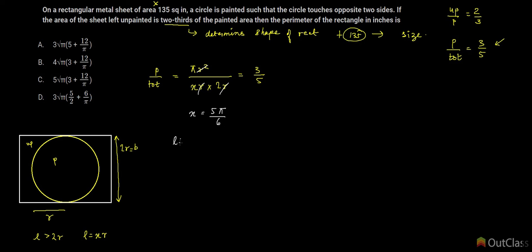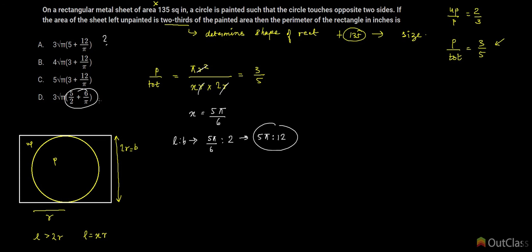Now x is 5 pi by 6. So my length to breadth ratio is 5 pi by 6 is to 2, which can be rewritten as, multiply by 6, 5 pi is to 12. Notice that this is 5, this is 5 and 12 by pi, which is in the same ratio.